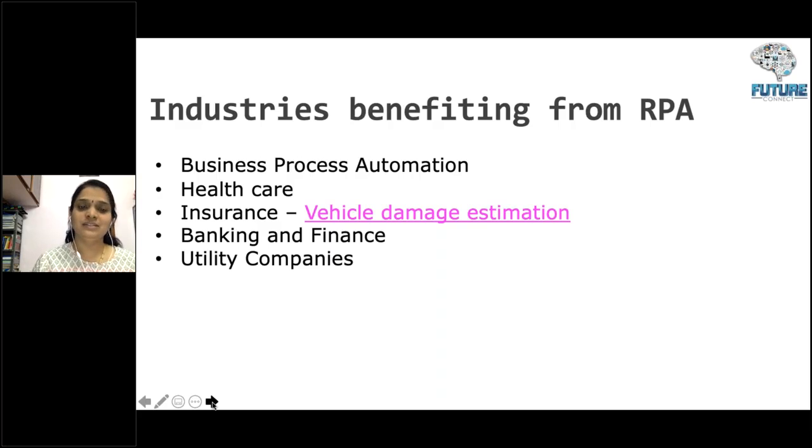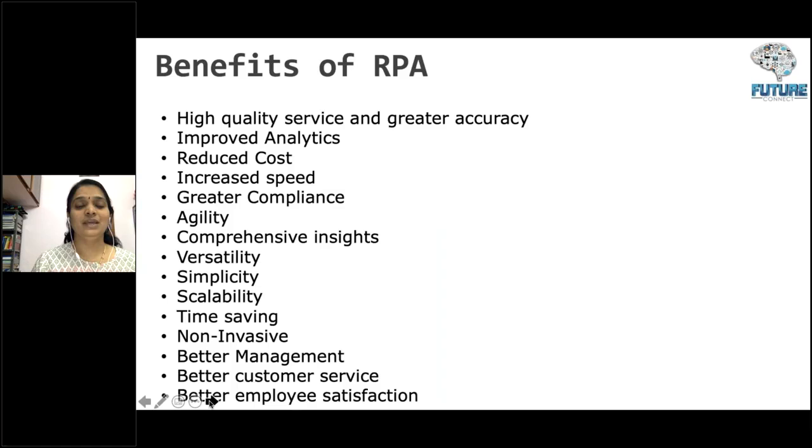If a vehicle is damaged and you go for a damage estimation and a claim, I can understand it will take around two or three weeks, but now it's happening in a few clicks only.